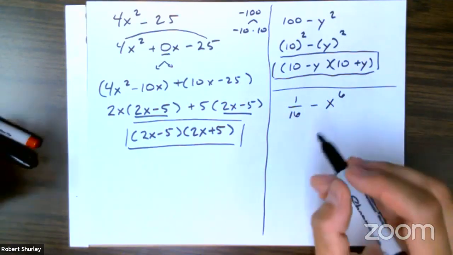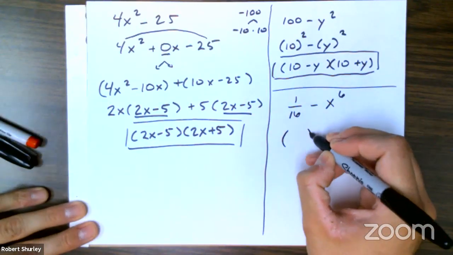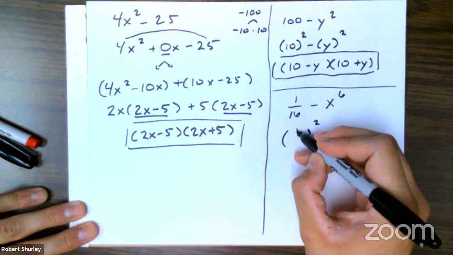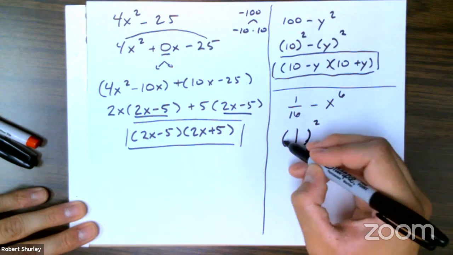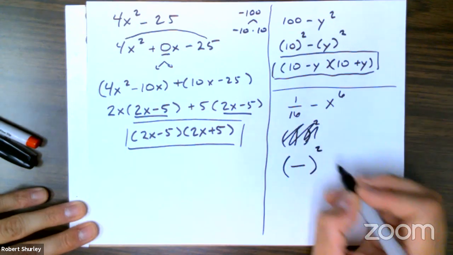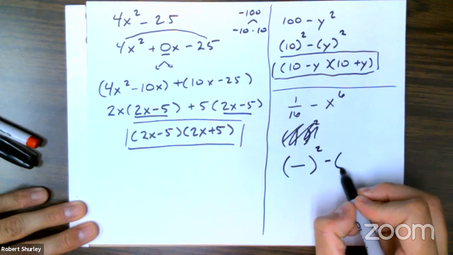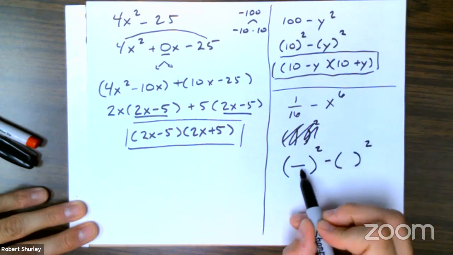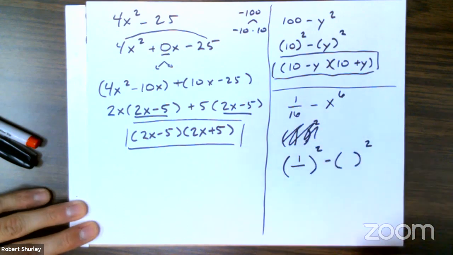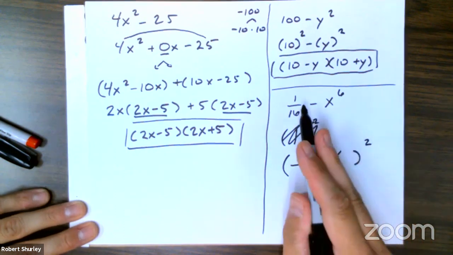We need to think of something squared that gives me 1 over 16. It's going to be a fraction. What do I square to give me 1? 1 squared gives me 1.